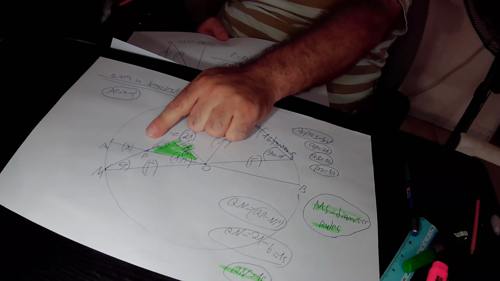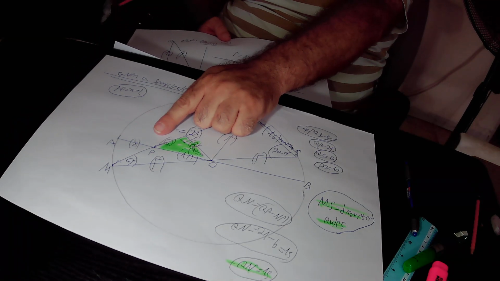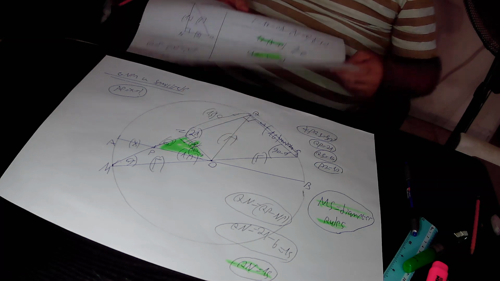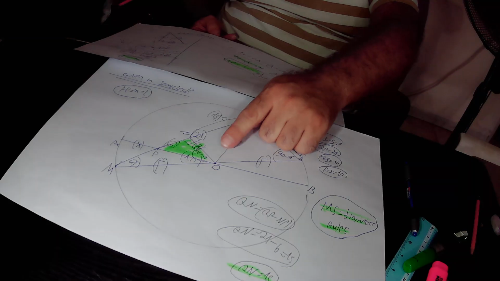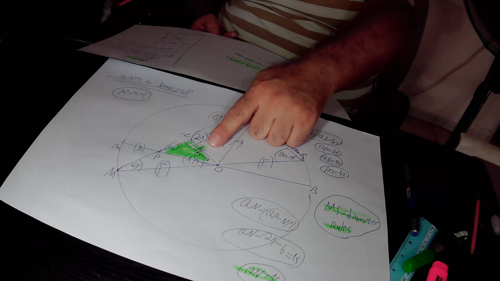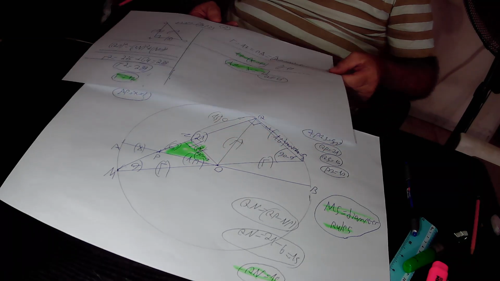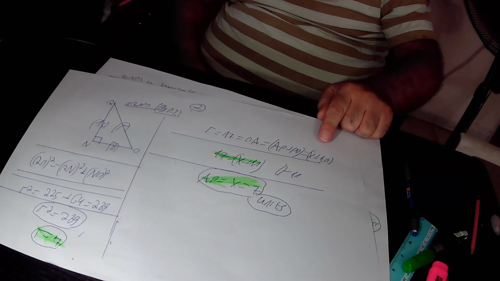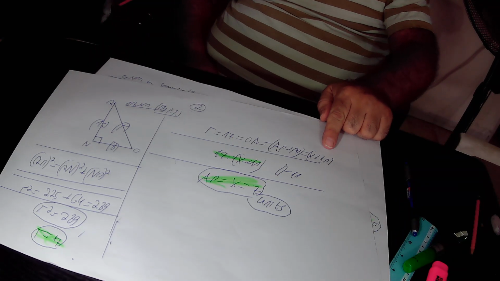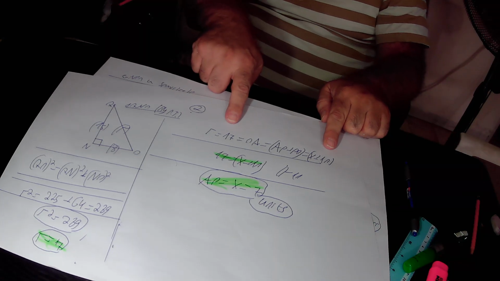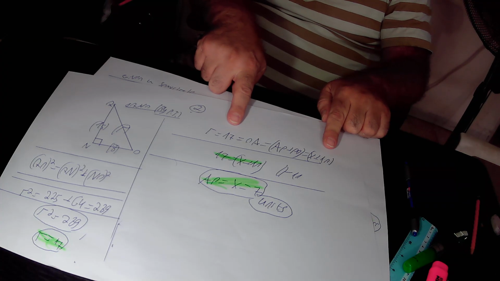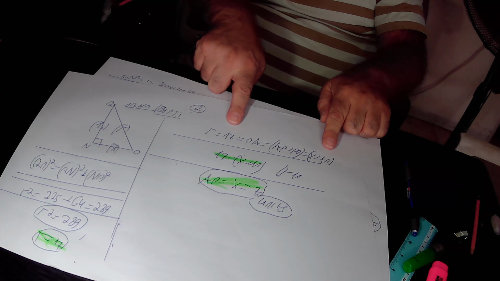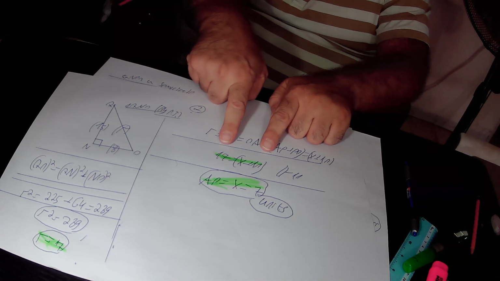AP is the line segment that we're looking for in this question, and it equals X. So AP equals X, and PO equals 10, according to what is given in the question. And from this long equation, R equals 17 equals OA equals AP plus PO equals X plus 10. We derive that 17 equals X plus 10.